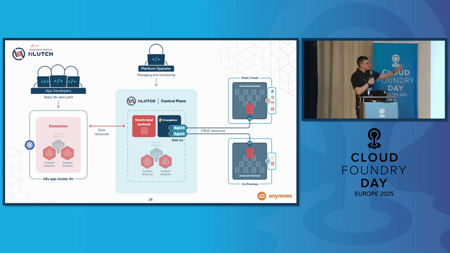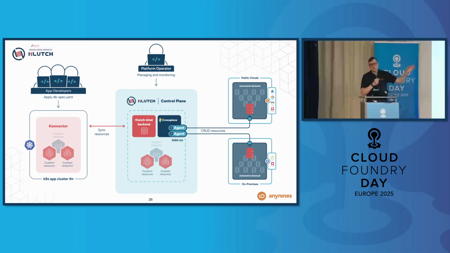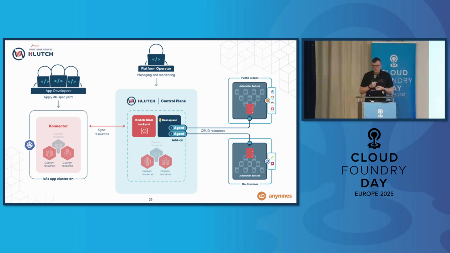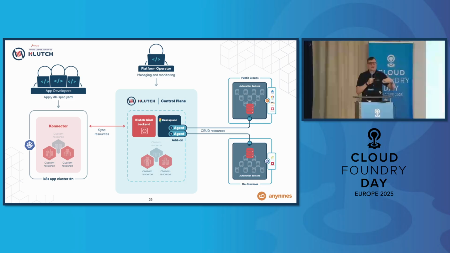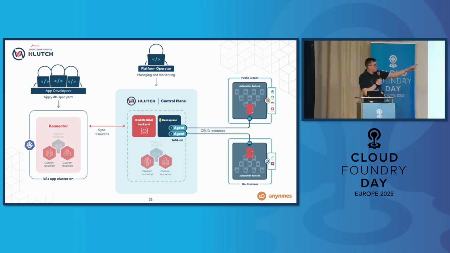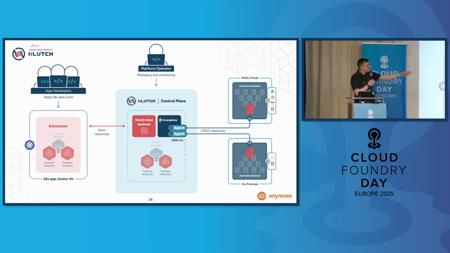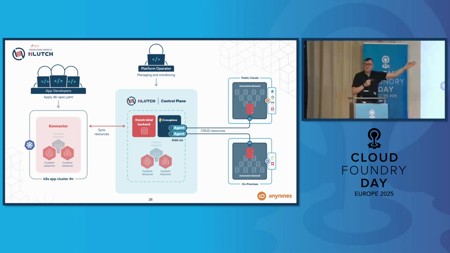In the early stages, we made heavy use of Crossplane for writing integrations because, well, that seemed to be the go-to place to reconcile any resource that's outside of Kubernetes, because the Klutch control plane's responsibility is to reconcile the declared state of a service instance with the actual backend.